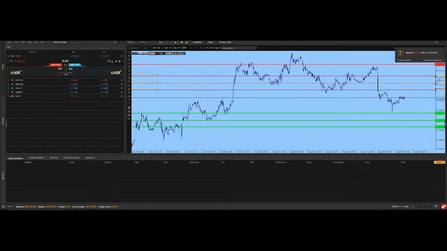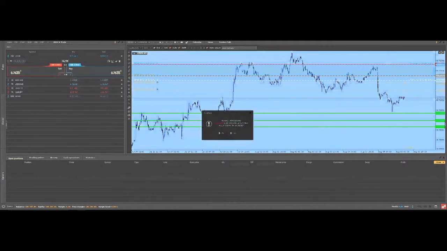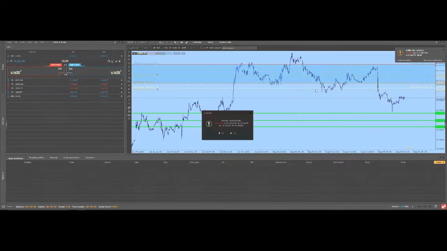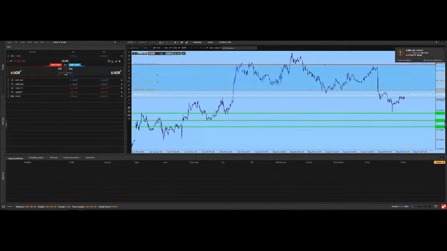Then we clean out our horizontal lines, so we like to keep the chart nice and clean. Now we simply come in here, drag our stop loss right to this area, click OK, drag our stop loss right to this area, click OK, and drag our stop loss right to this area, click OK.